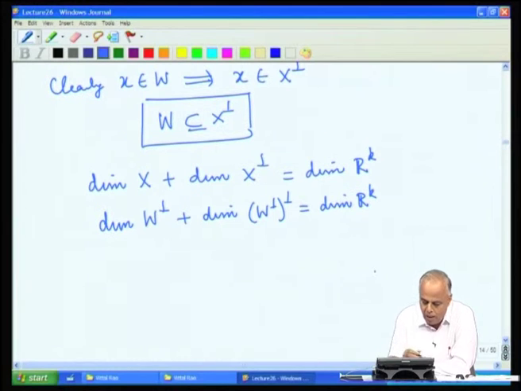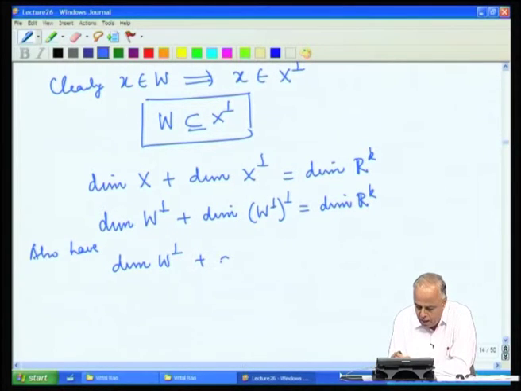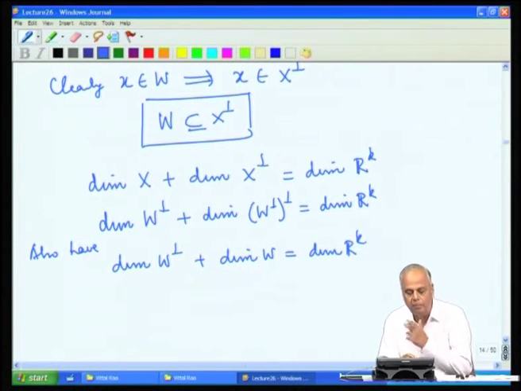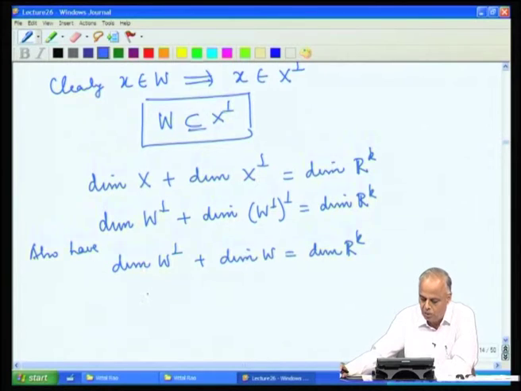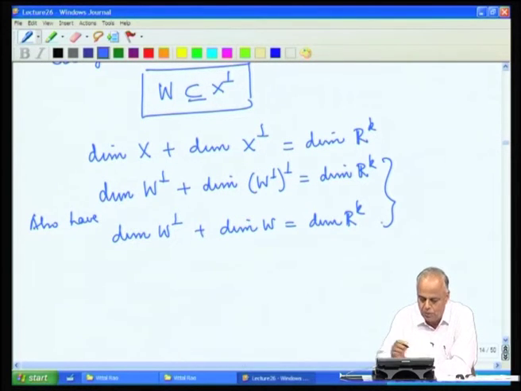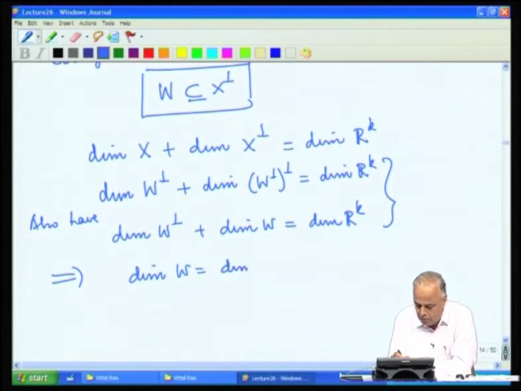We also have the dimension of W perp plus the dimension of W is equal to the dimension of R^k, because again the dimension of a subspace plus the dimension of its orthogonal complement will be equal to the dimension of the whole space. Now, compare these two, we find that the dimension of W is equal to the dimension of W perp perp.